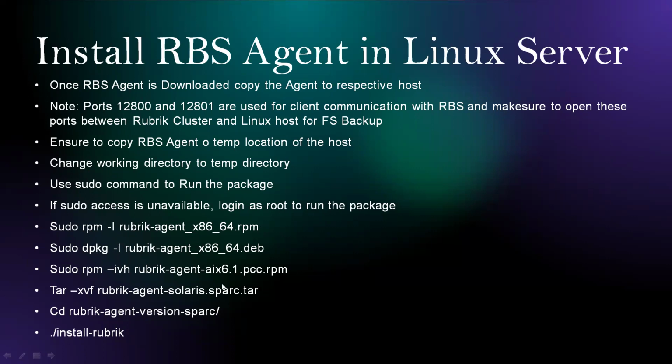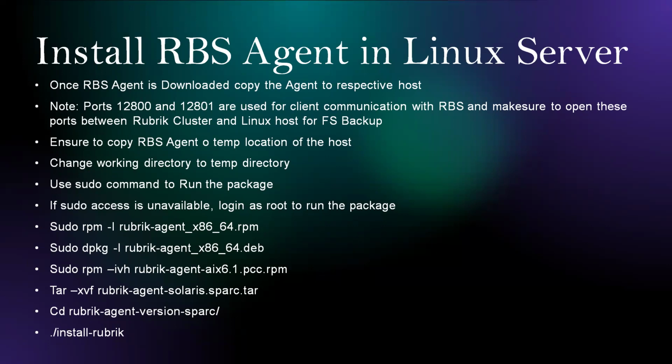And we have the AIX agent to run the AIX command. We can use this one. And we have Solaris. We have to use this command to run the Solaris installation package.